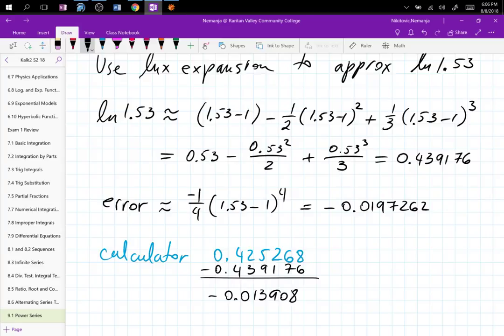Note this. If I go to my approximated answer, 0.439176, and I subtract the error, 0.019726, and I hit enter, I get 0.41944.